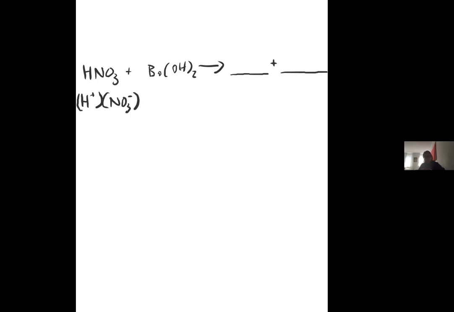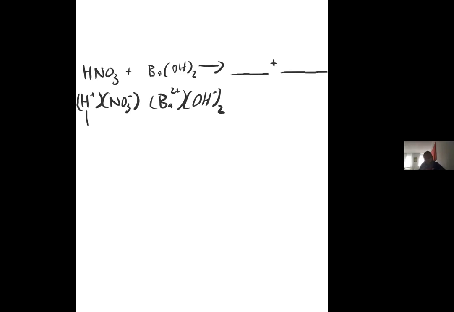And then the base is the metal ion attached to the nonmetal, which is hydroxide. But there's two of those hydroxides. That affects how you balance the equation, but it's the same idea.